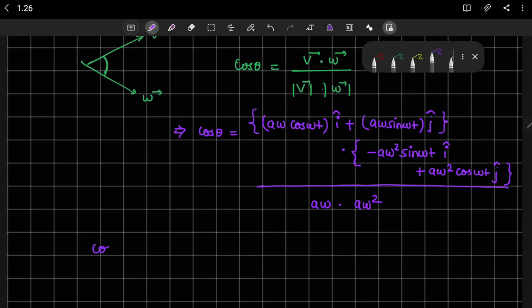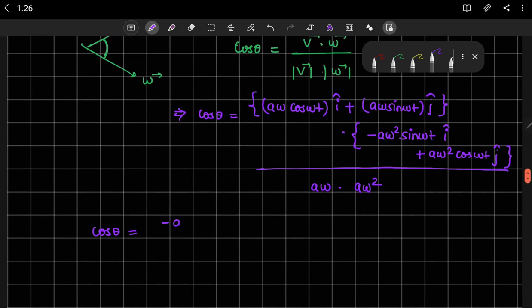So from here we will get cos theta is equal to minus a square omega to the power 4 sin omega t cos omega t plus a square omega cube, sorry, here it is omega cube, into sin omega t cos omega t, whole divided by a square omega cube.